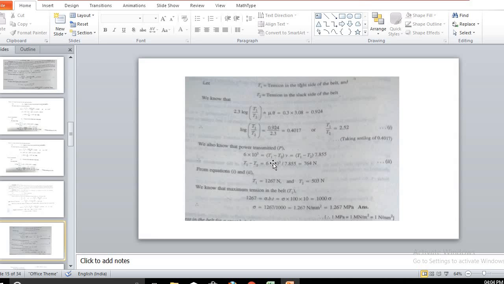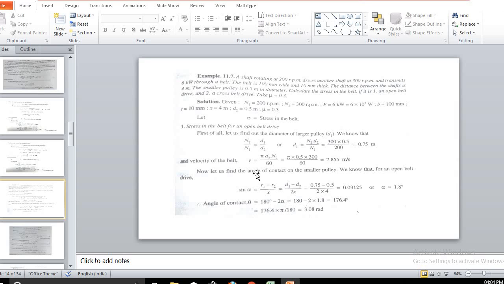Now for theta, there are two cases given: the open belt drive and the crossed belt drive. So we will calculate theta for the open belt drive and for the crossed belt drive. Consider the angle of contact on the smaller pulley. For the open belt drive, sin alpha equals (R1 minus R2) by x, and 180 minus 2 alpha is the angle of contact for the open belt drive.